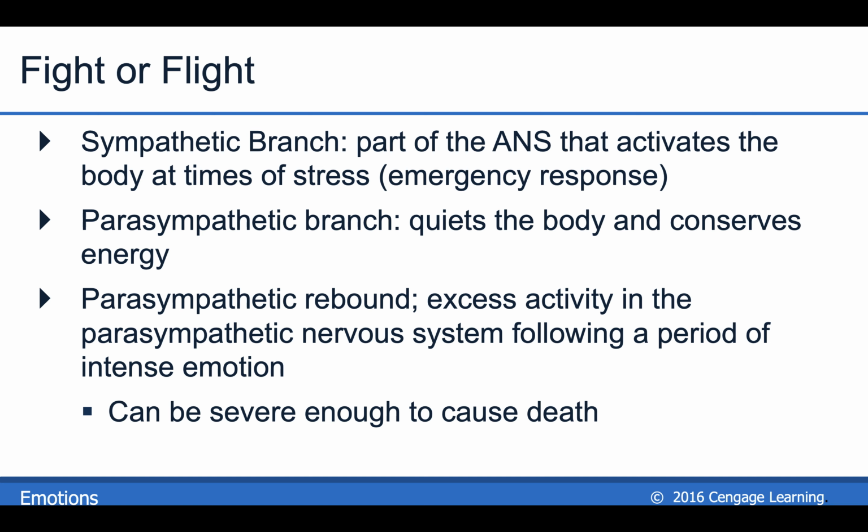It can be severe enough that it will cause a person to die after some hyper emotional event. Think of a broken heart, old people who die right after their spouse dies. They're so stressed, and then that stress calms down so much that they themselves pass away. But again, that's very rare. Generally, our body is very good at balancing that sympathetic with parasympathetic branch and allowing your body to return to homeostasis.